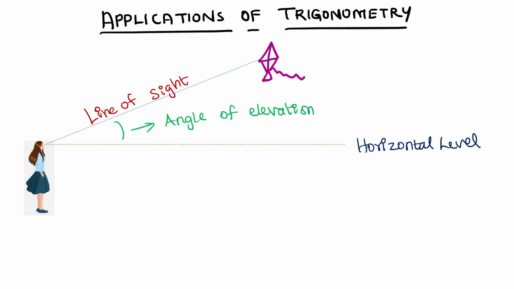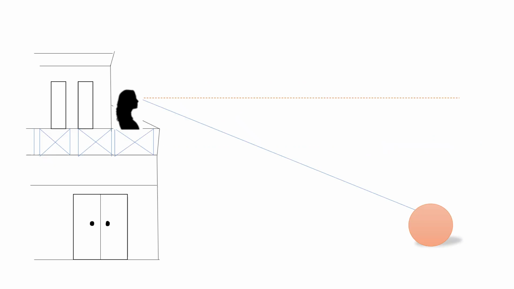Next we'll see about the angle of depression. So here is a building. On the building a girl is standing, and she is observing the bottom. So she is looking down. The angle formed here is the angle of depression.